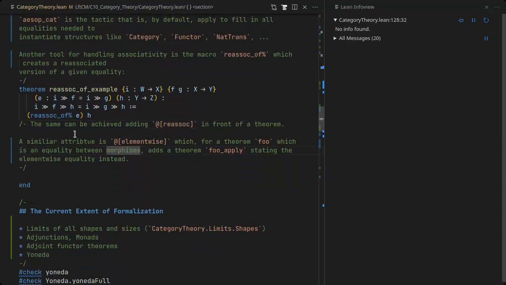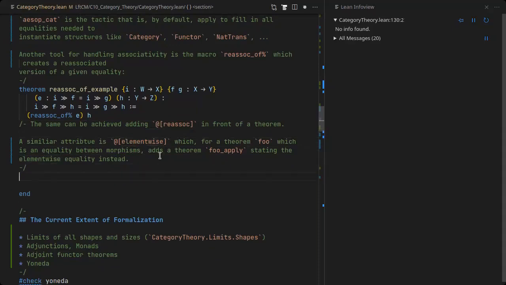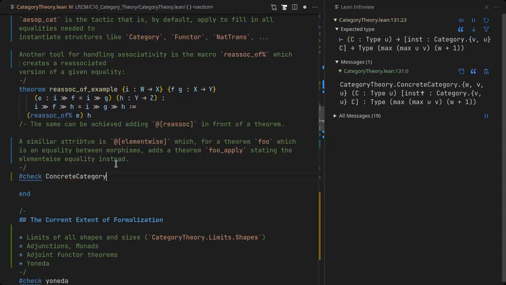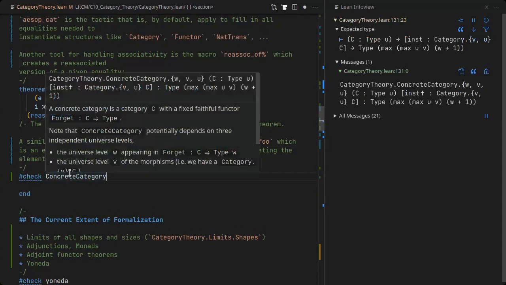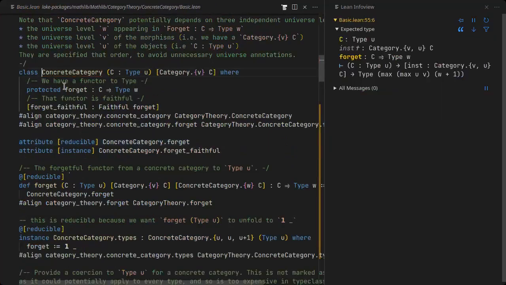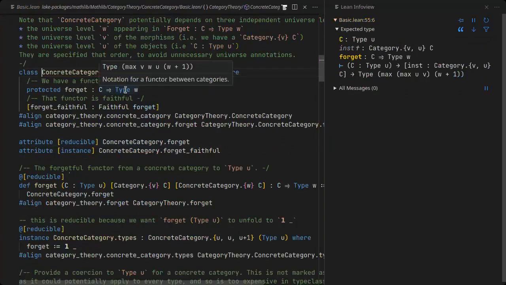So then there's a tactic which is called elementwise. I won't go too deeply into it. Many of the categories we are dealing with are actually instances of something called a concrete category, which is just a category together with a forgetful functor that goes to Type.